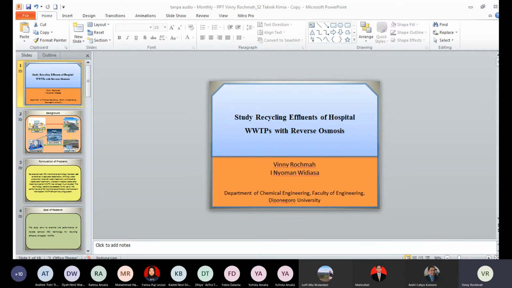The method discussed for RO has three steps: step 1, characterization of the feed water; step 2, filtration process with RO membrane; and the last, characterization of the product water.